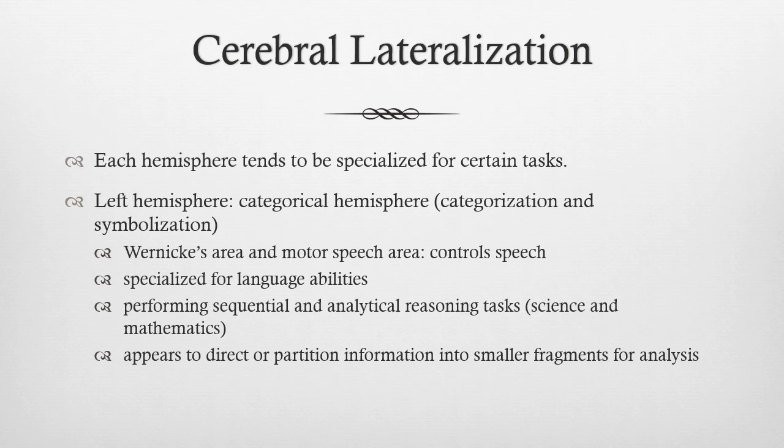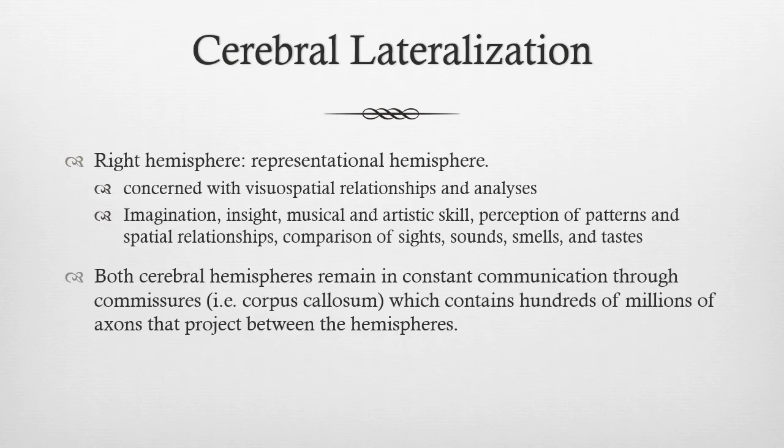The left side of the brain tends to be the areas that follow patterns, so science and mathematics, versus the right side of the brain, which tends to handle the abstract, the art types of information. So this is the difference in the information being processed. Language tends to be only on the left side of the brain for most people, and that keeps that kind of information on that single side.